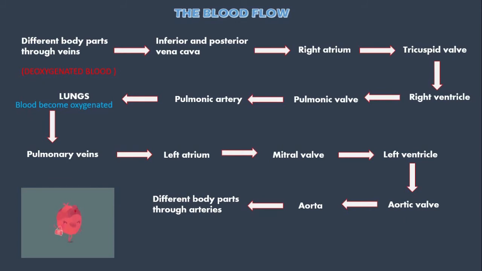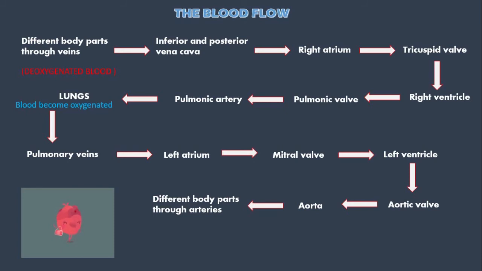Next, it moves to the right atrium. As the atrium contracts, blood flows from the right atrium into the right ventricle through the open tricuspid valve.